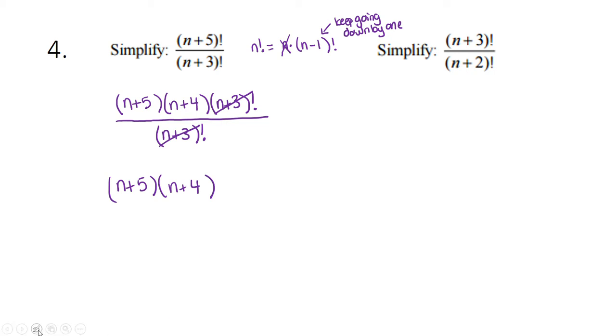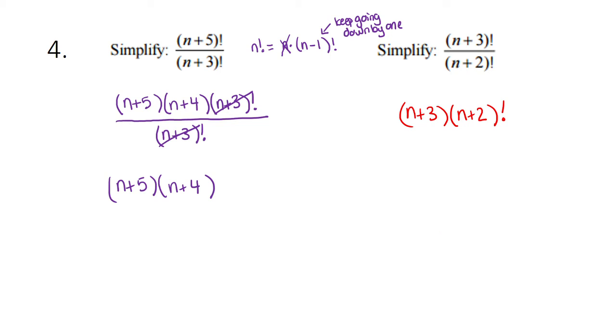All right, so let's apply the same trick to the second question on this slide. If I go down, write what I have in the numerator, and then go down by 1, going down 1 from 3 will give me 2. And I'm not going to write n plus 1, which would be going down again.